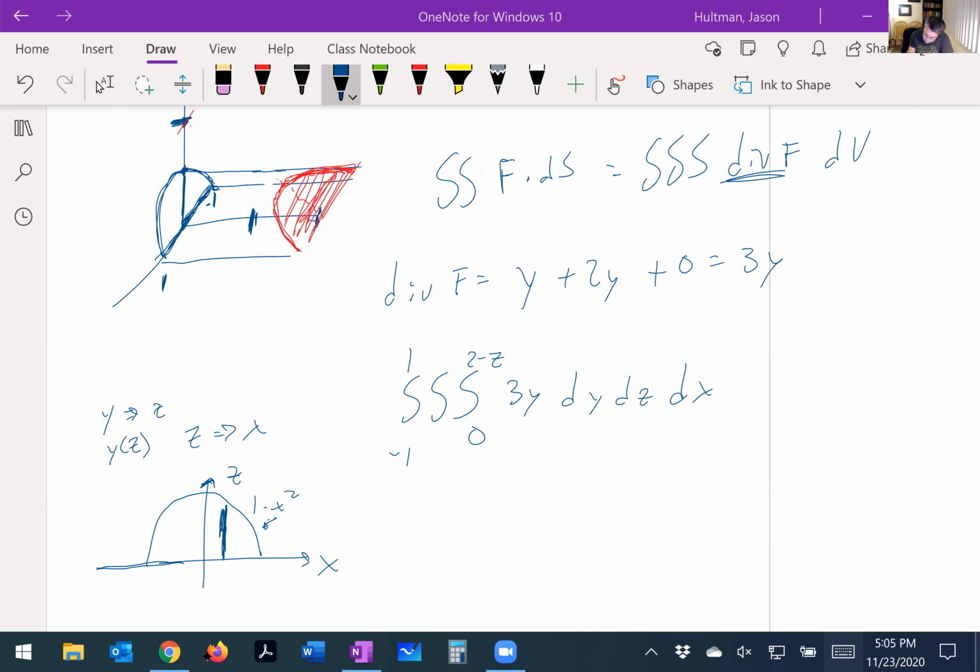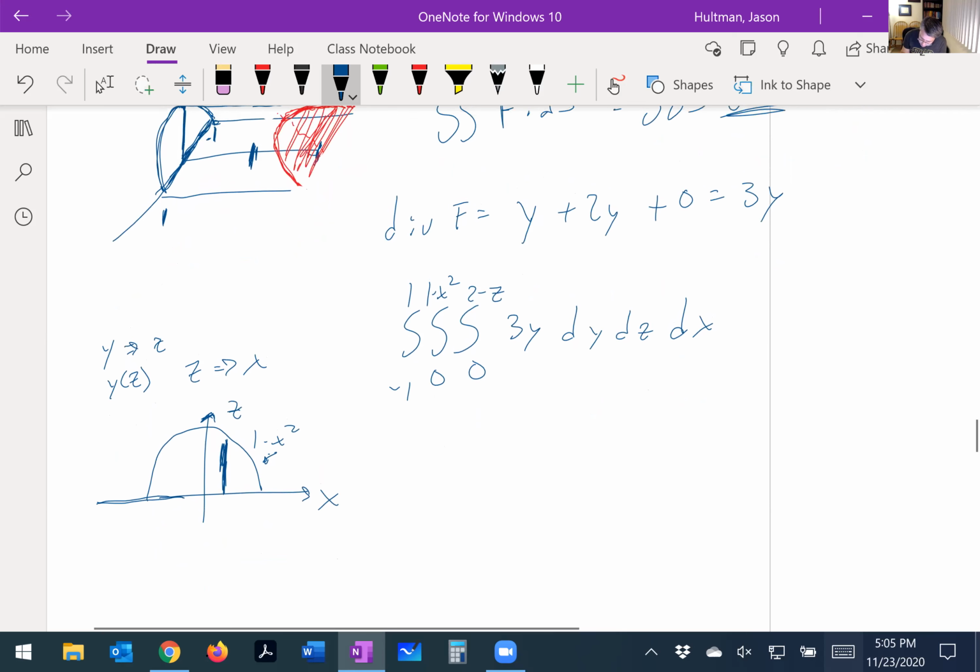So y goes from 0 to 1 minus x squared. Yeah, you can keep eliminating a variable. Exactly. Okay, that's good.